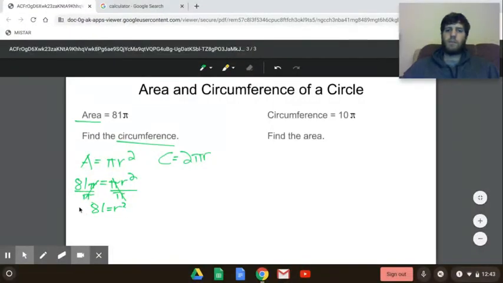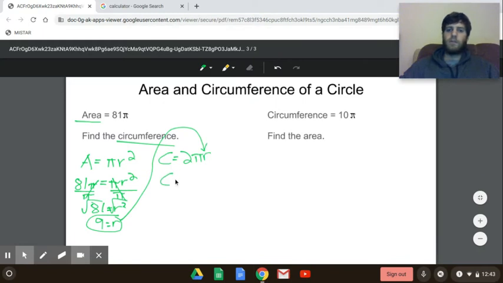To get rid of the square, you square root both sides. So we get plus or minus 9 equals r. Right? But because we're dealing with radius, we have to have a positive radius, so it can't be negative. So we're just going to take the positive 9. Okay. And once we have that, we can substitute that in to our circumference formula and find the circumference.